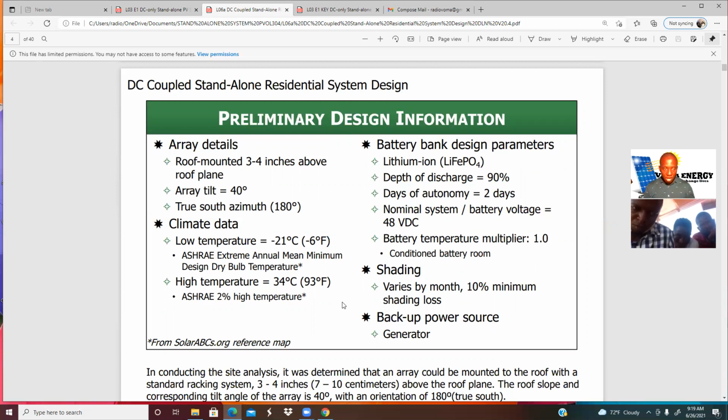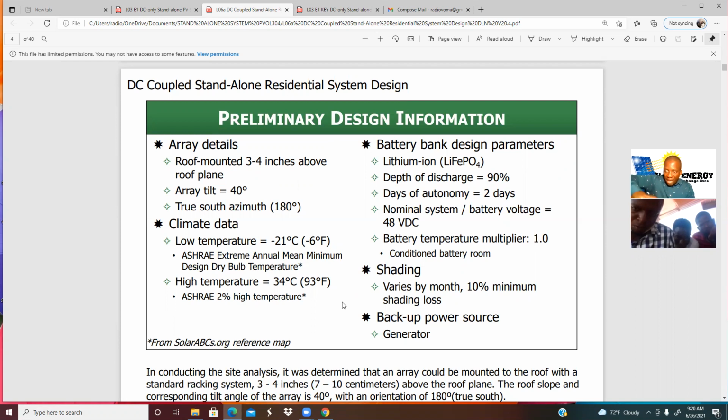With roof mounting, you have to understand the array tilt. It's 40 degrees. Array tilt means you bend it when you mount your panels, it's supposed to be tilted. That is why the other house that Prince went to take the picture of, the roof is sloping so much that it is almost standing straight like this.